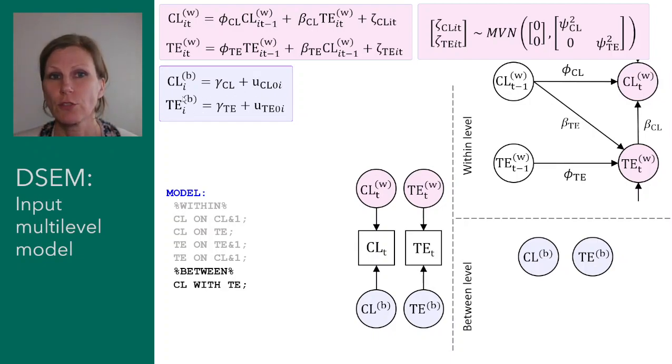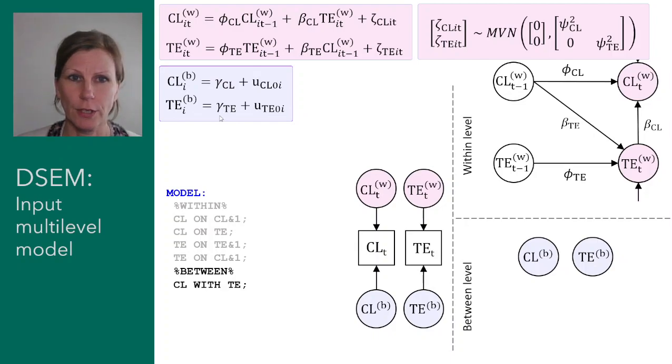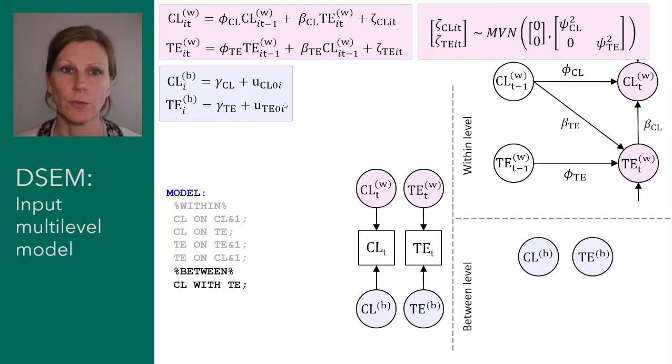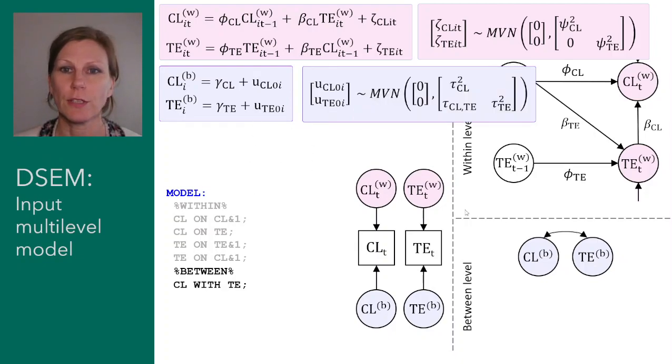And the same is true for tension. So we also have the between person component here. There is a grand mean, and then there is an individual deviation from this grand mean. And what we say with the with statement is that these two components are allowed to be correlated with each other.